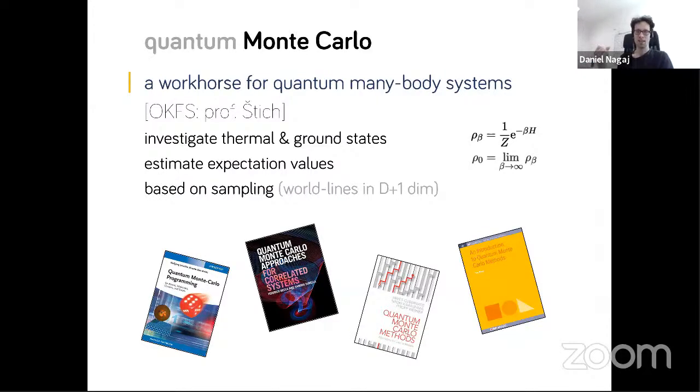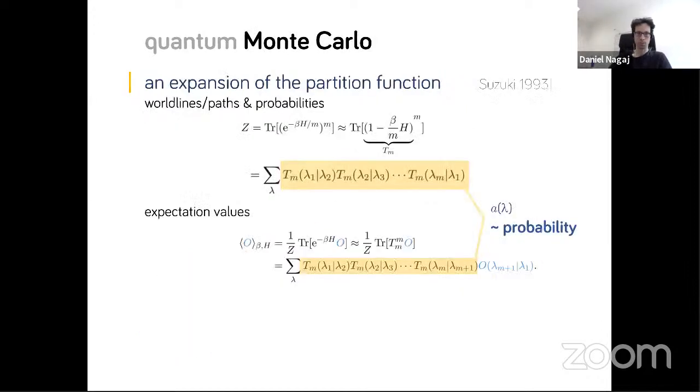It is used to investigate thermal and ground states of quantum many-body systems, to estimate expectation values, and it's based on a classical numerical sampling algorithm that samples from world lines in d+1 dimensions for the d-dimensional quantum system. I'm going to tell you a little bit of how it works and where the problem is in applying it at a large scale for quantum systems, and why a lot of work goes into getting around this obstacle.